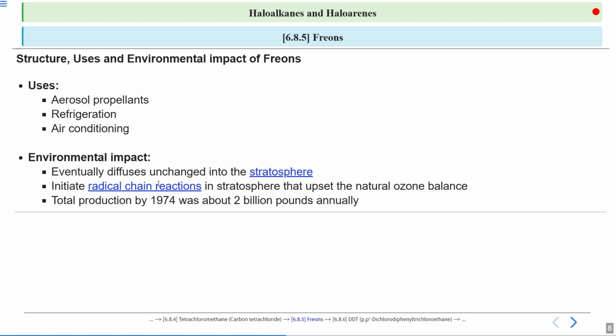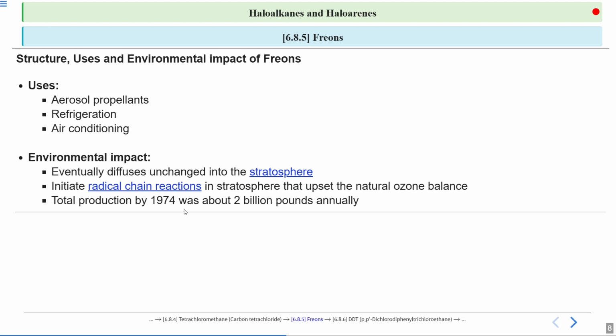Total production by 1974 was about 2 billion pounds annually. So this much freon was being produced by 1974. We are right now in the 2020s, 2025.